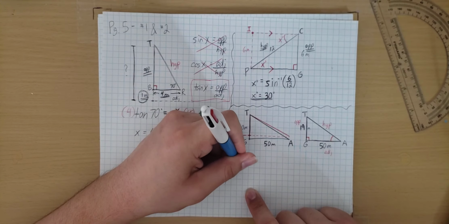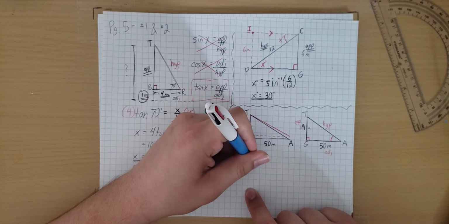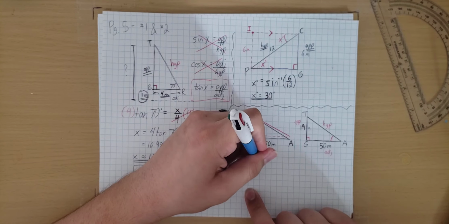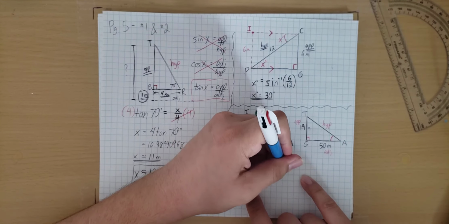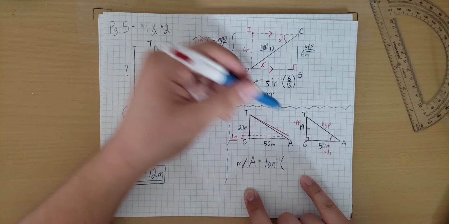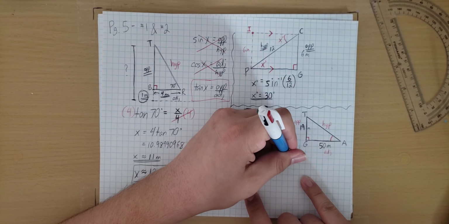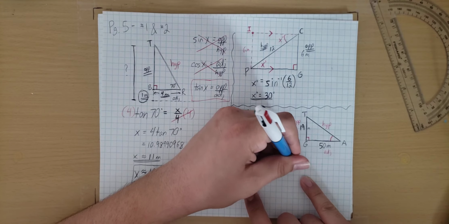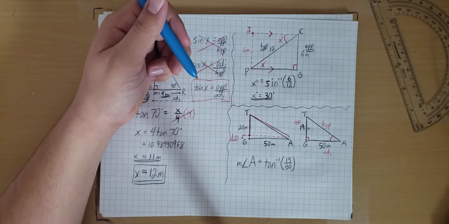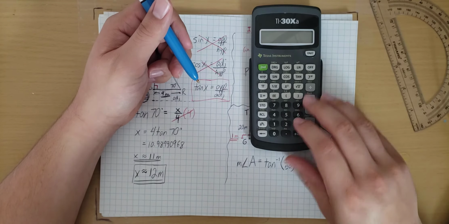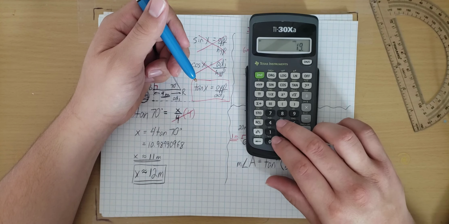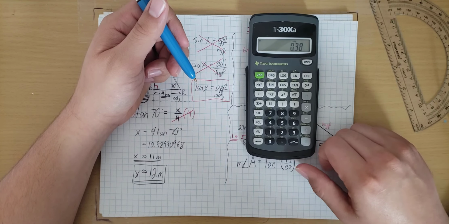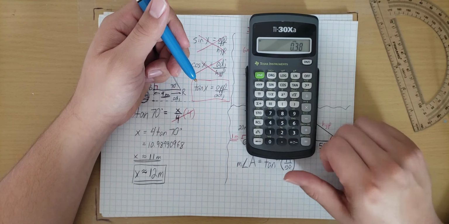So the measure of angle A is the inverse tangent. Tangent is opposite over adjacent, so 19 over 50. Go to our calculators. 19 divided by 50 is 0.38, second tangent.